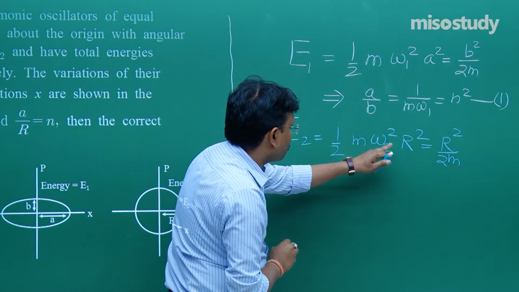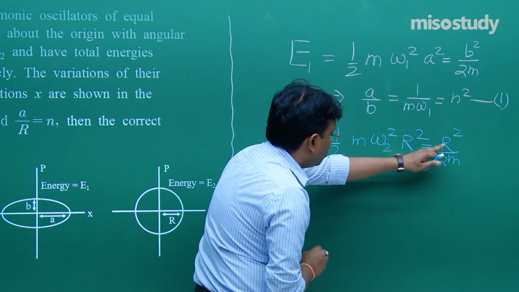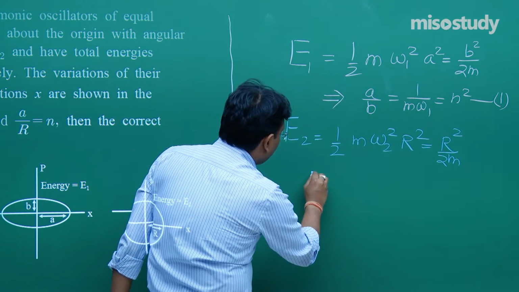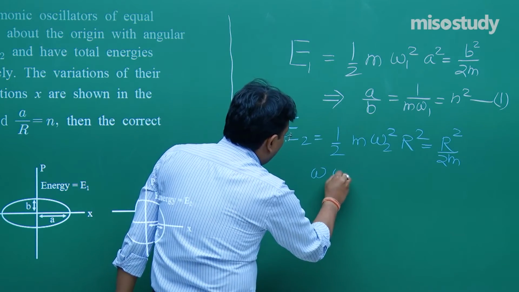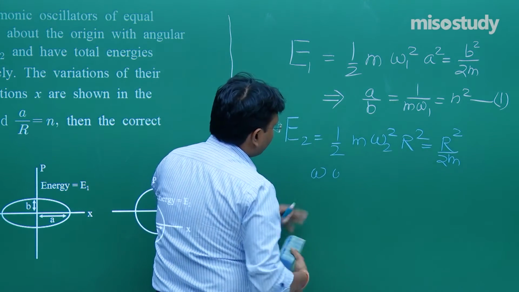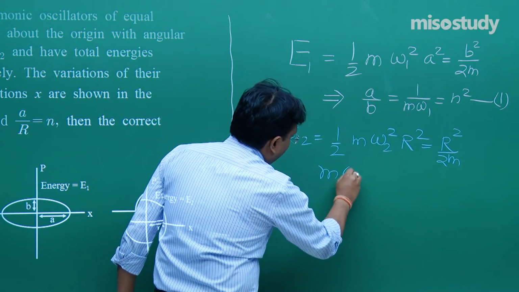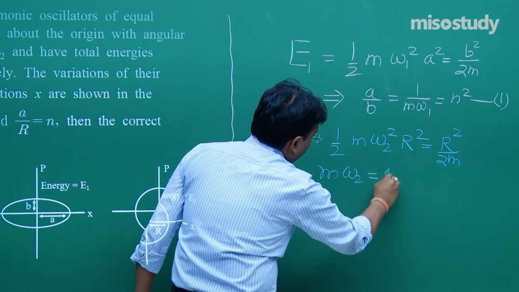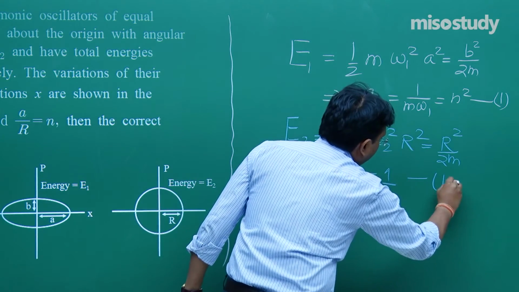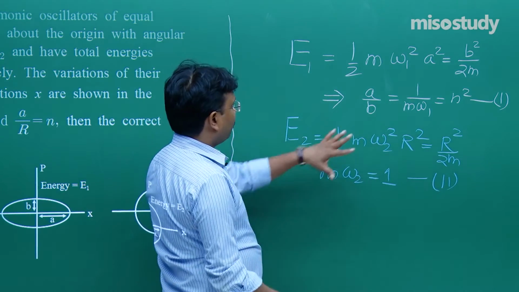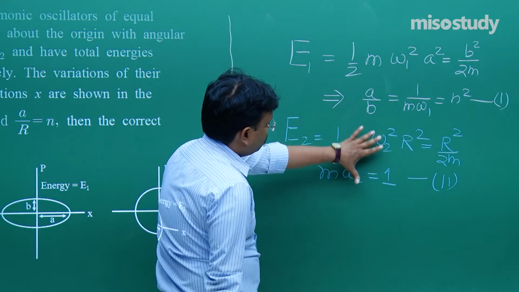Half m omega 2 square r square is equal to r square upon 2m. So now what I can write down is m omega 2 is equal to 1. This is equation number 2. Now I have mentioned these two equations in two different colors.